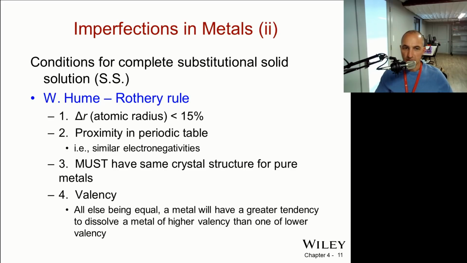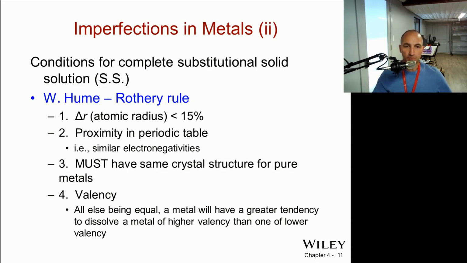Number 2, the proximity in the periodic table, i.e., the similarity in electronegativities between the atoms. The more similar they are, the higher the chances of having a complete solid solution.